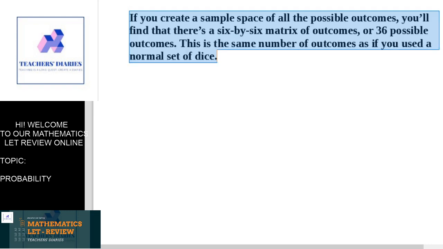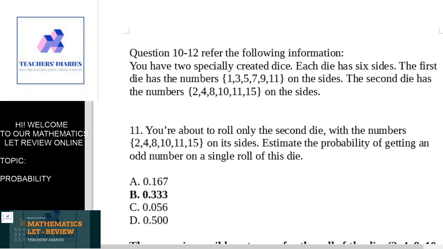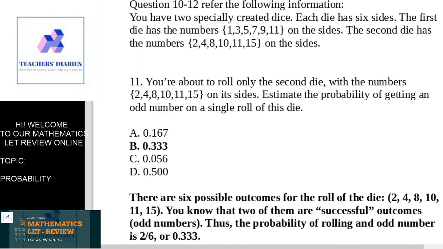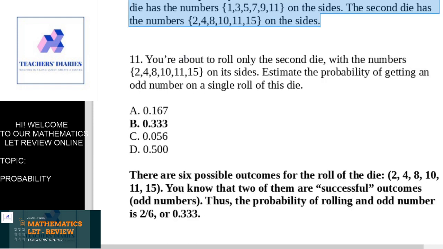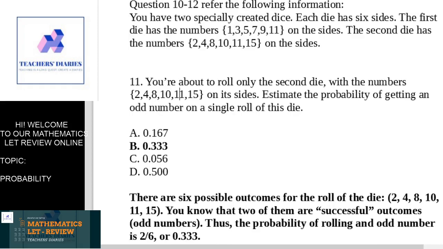Okay, let's proceed to number 11. Same information. Let's proceed to the problem. You are about to roll only the second die, with the numbers 2, 4, 8, 10, 11, 15 on its sides.